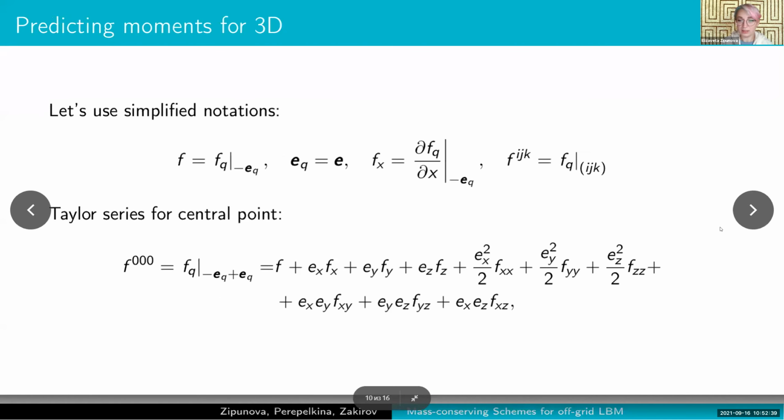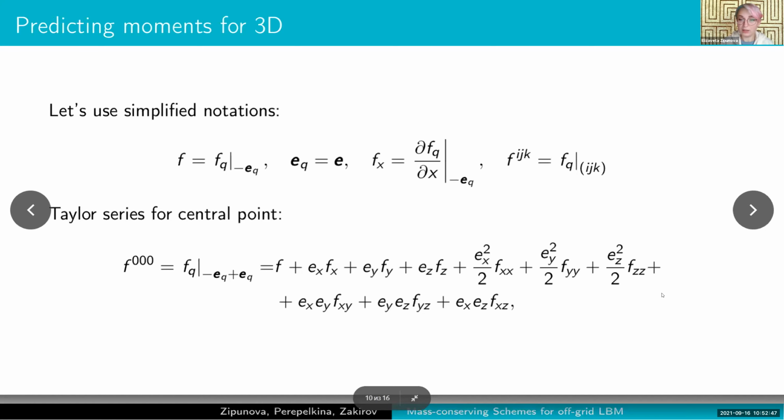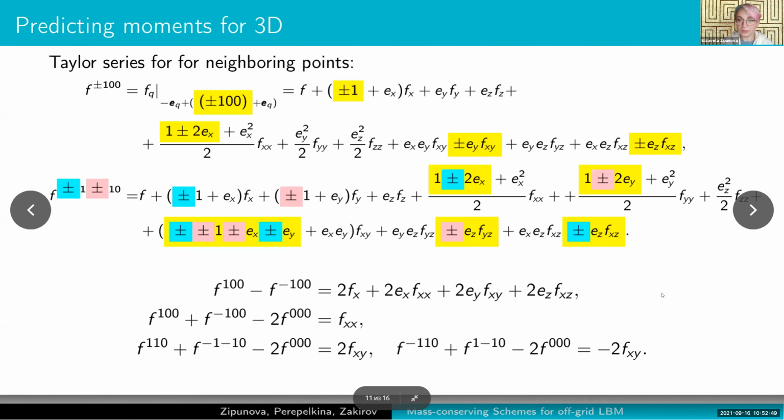Here and after, let's use simplified notations. So the Taylor series for the central point looks like this. And for several neighboring points, it looked like this. Parts of a series that differ from the series of the central point are highlighted in yellow.